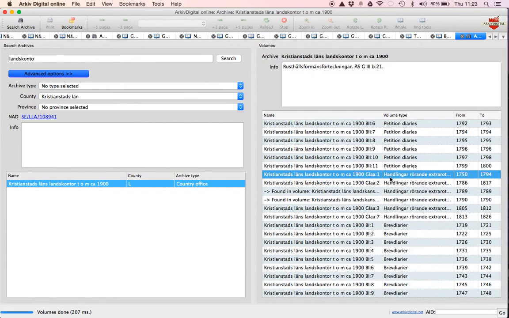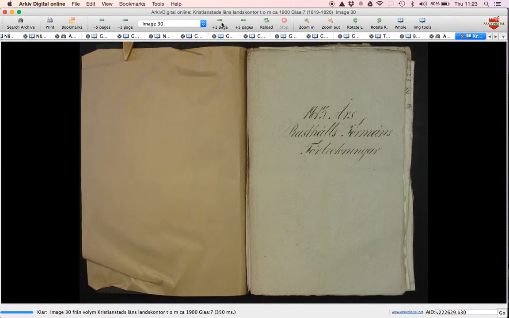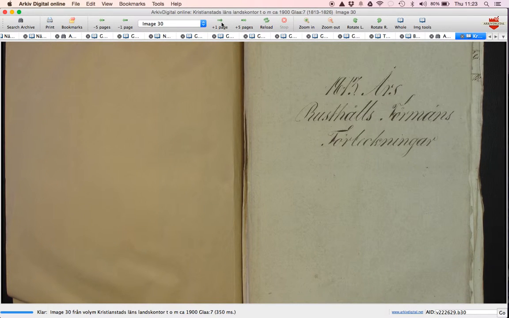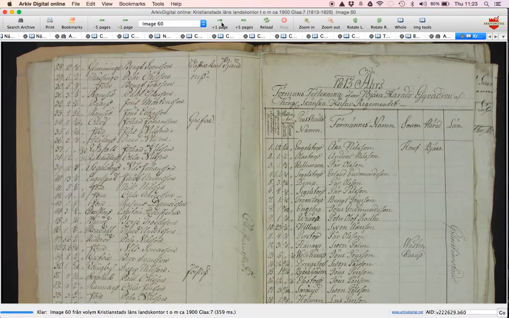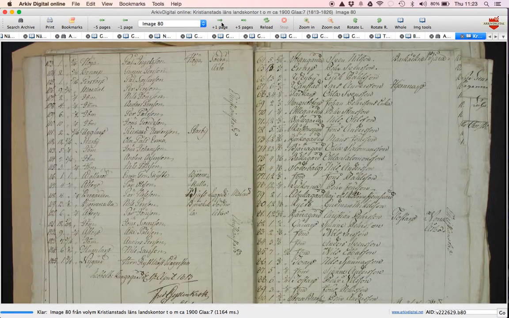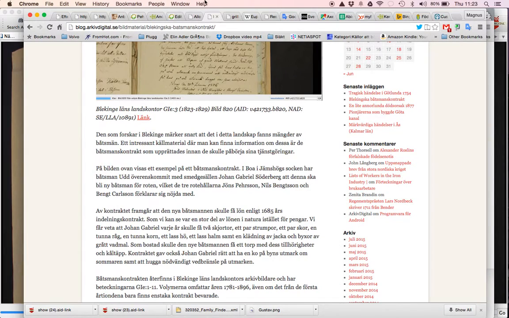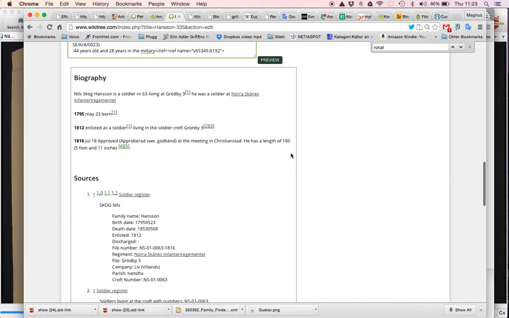But here is something about soldier information. This could be about the different and our dear soldier is number 65, I think, if I remember correct. 63.